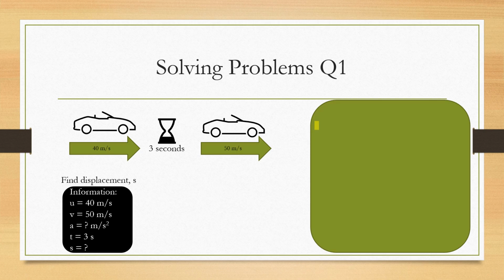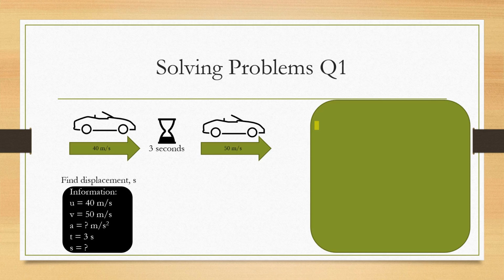Then we look at the question. What information do we have? We have initial velocity, yes, 40 meters per second. And we have the final velocity, 50 meters per second. Do we have the acceleration? No, we don't, but we can find it. And then we have the time taken, 3 seconds, and the displacement, which is what the question asks us.